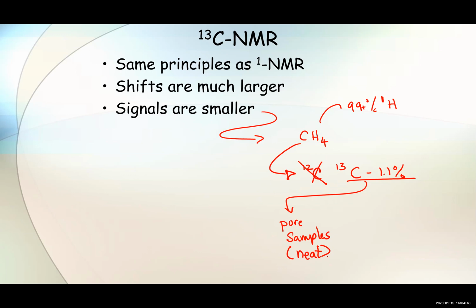When you're doing carbon 13 NMR, it's nice to have pure samples because that's when the concentration is the highest. That's one thing. The other thing, strong magnets. That helps too. And then there's actually a third thing: lots of averaging.